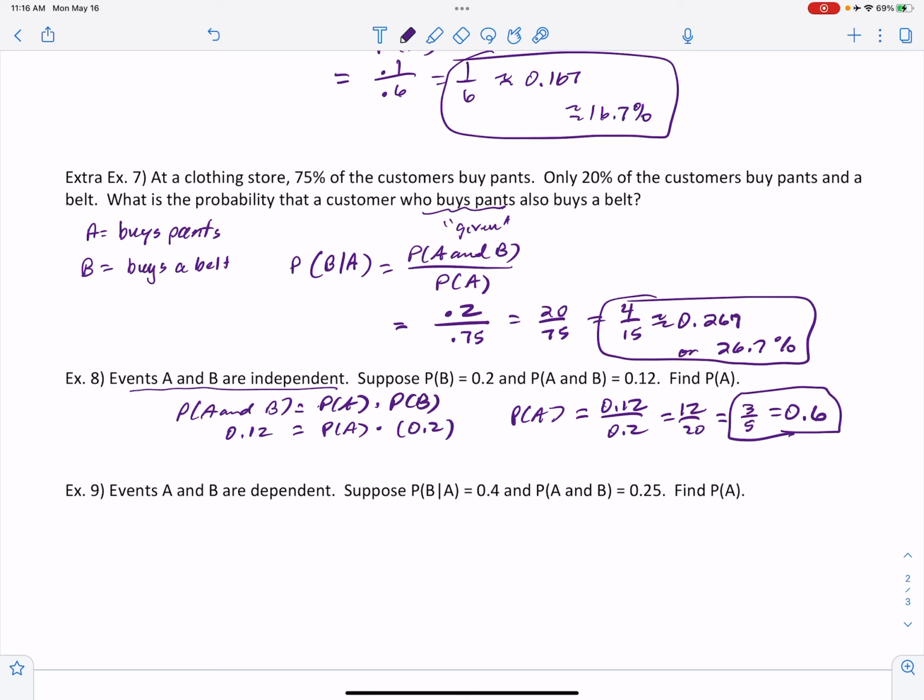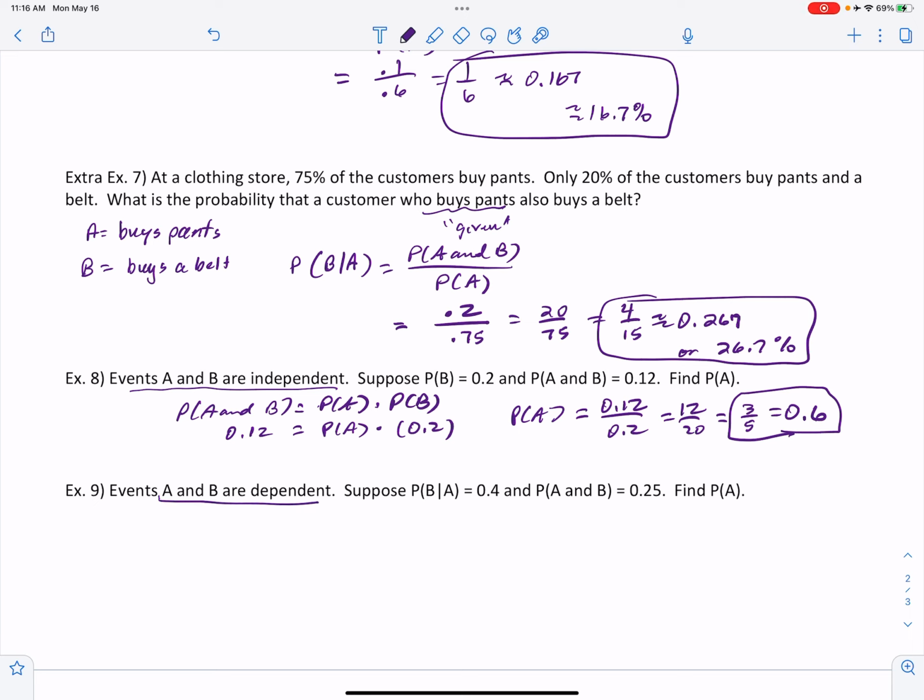Okay, events A and B are dependent. That is where you want to use either the rearranged one that we started with here or just this one that we originally learned: probability of A and B times the probability of B given that A has occurred.